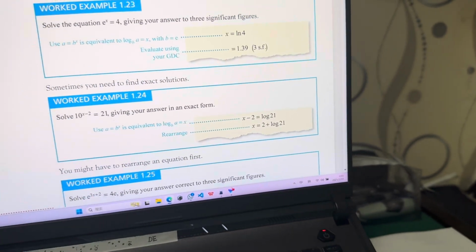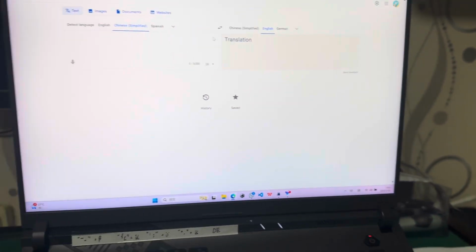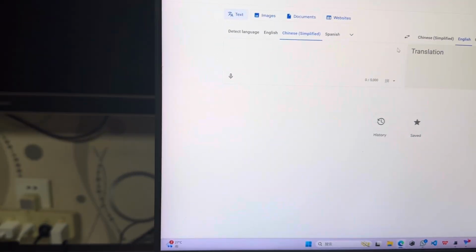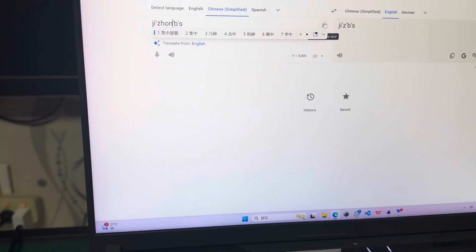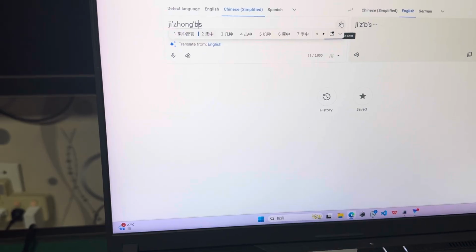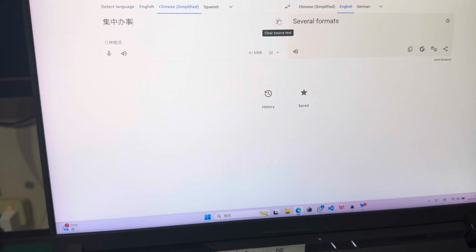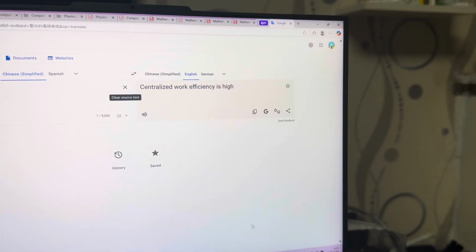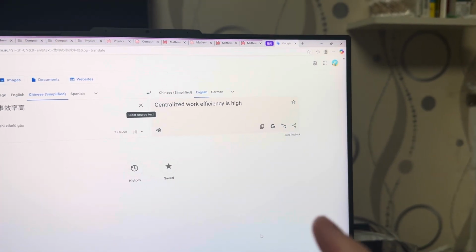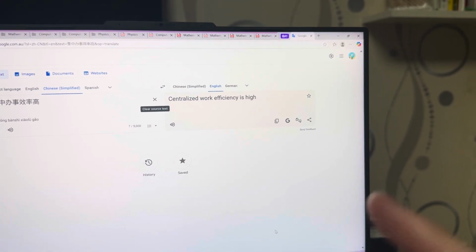Okay, it's just a simile, but I want to say, centralized work efficiency is high.